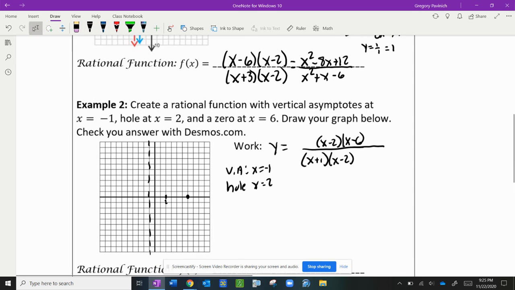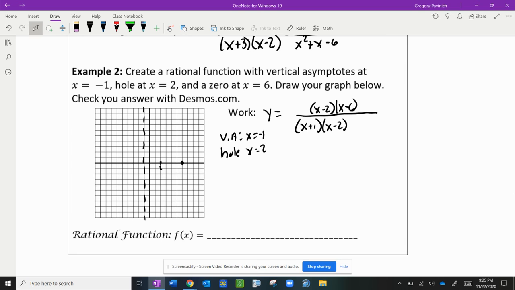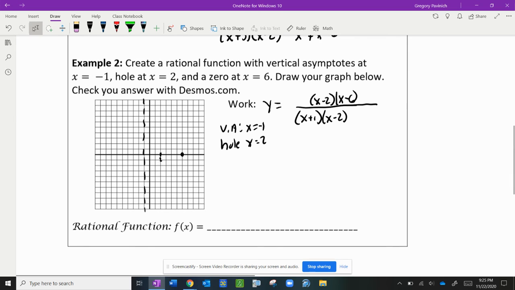If I wanted to finish and graph this function, there would be a couple of other things I'd want to do, but I'm going to write this one out so far. I think I meet all the requirements.